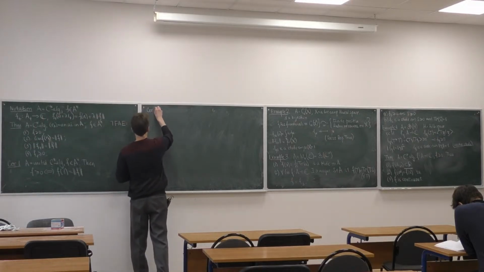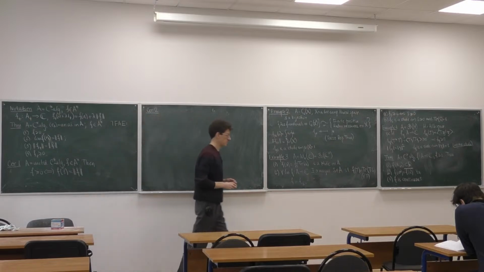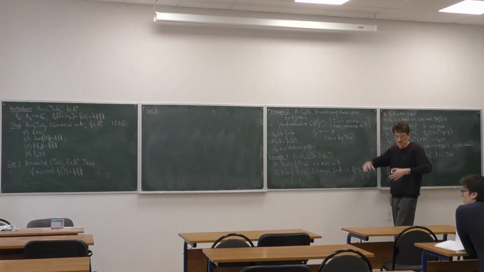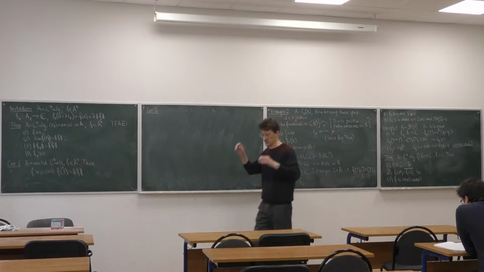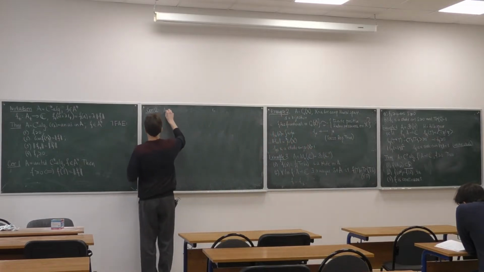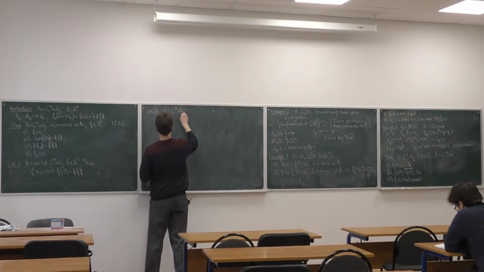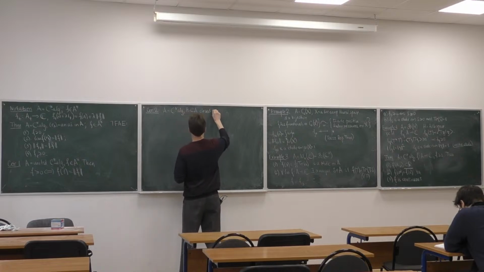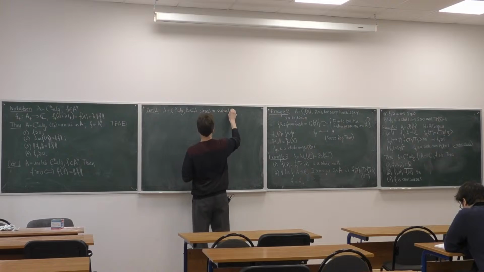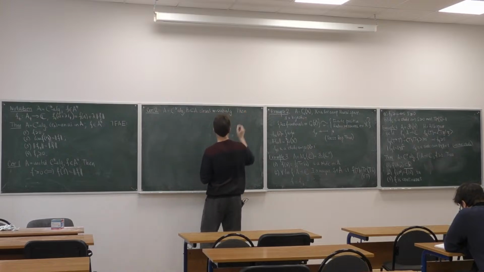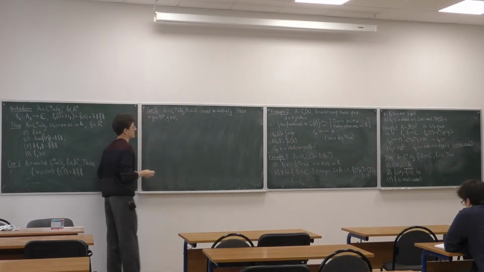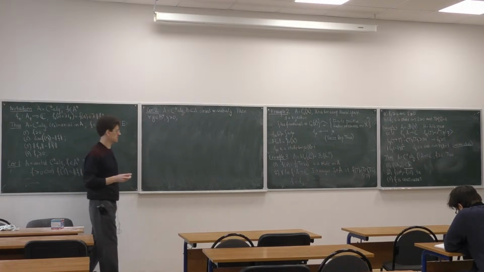Corollary 2 follows actually from corollary 1 and from this theorem. And it is very important because it gives us a way of extending a positive functional from a subalgebra to a bigger algebra. So suppose that A is a C-star algebra and B is a closed star subalgebra of A. I claim that in this case, for every positive linear functional G on B, there exists a positive norm-preserving extension.